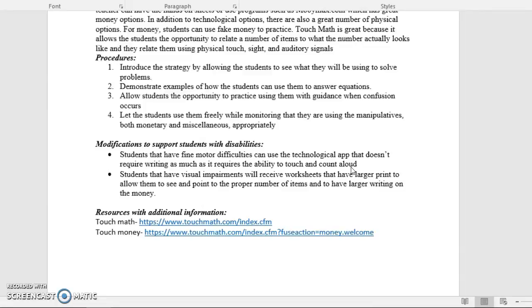Now, some of the modifications that we can look at for this: obviously, if a student has difficulties using their fine motor skills, they won't be able to grab some of the money or hold counters or things like that we can use to place on the numbers. So what we'll actually do is, with apps and iPads, we can just touch the item and go from there.